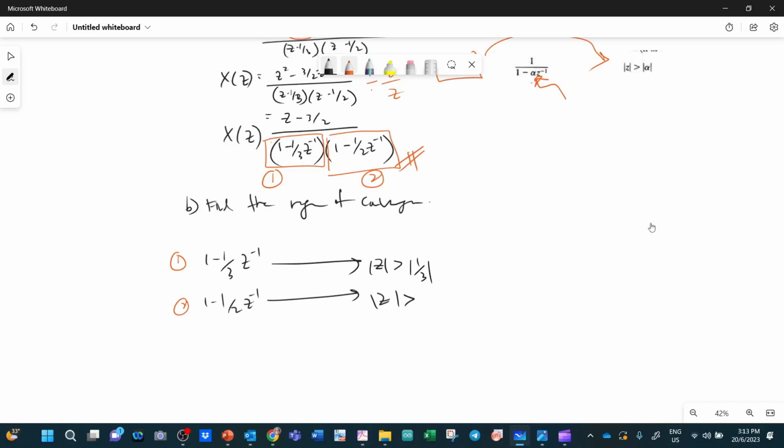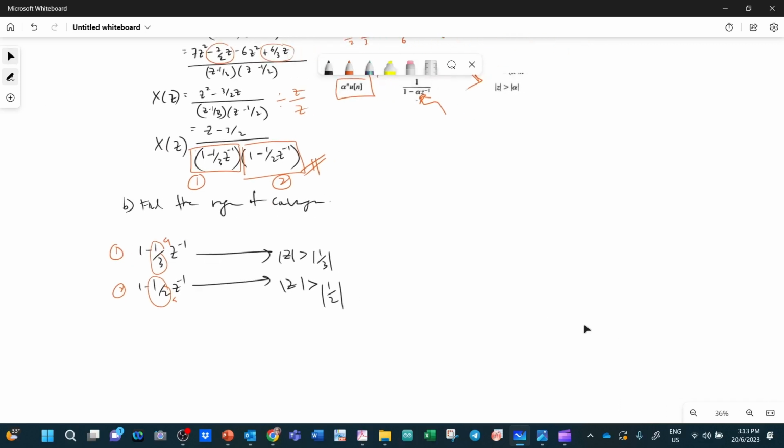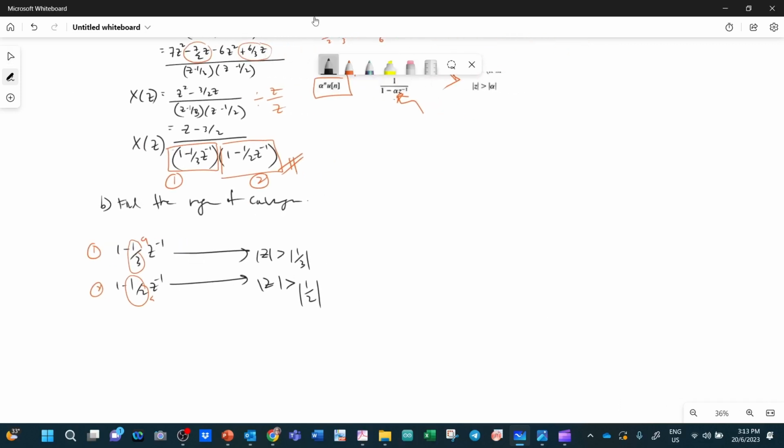So what is a? This one is a for this case, so 1 over 2. So for this example the ROC has two parts.